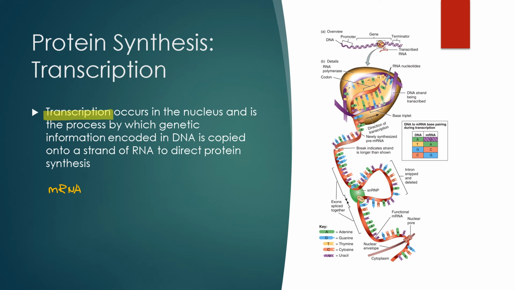Now, there's a lot of modification that occurs on this mRNA molecule, as the entire transcribed portion doesn't actually code for a protein. We won't go into too much detail about this, but say there's a long portion of DNA that is transcribed into mRNA.